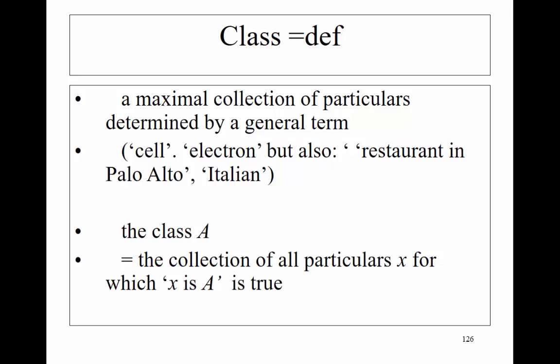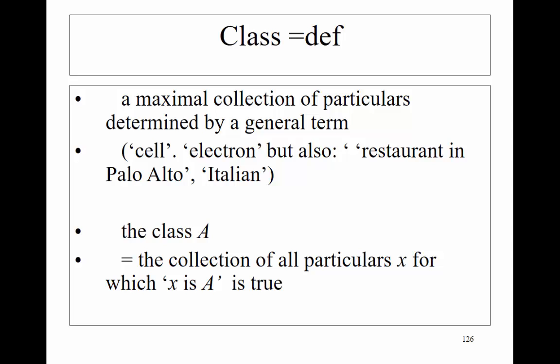But every universal, whether a fiat universal or a bona fide universal, has an extension of all the instances, which is a class. So we have defined classes, and we have those classes which are extensions. Both of them are classes, and the class is just a collection.